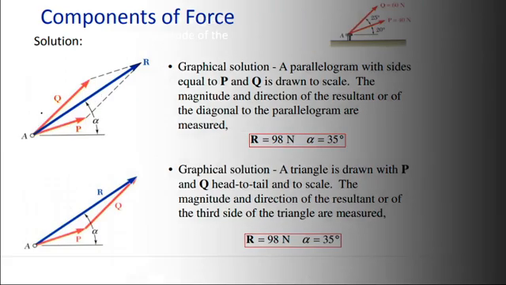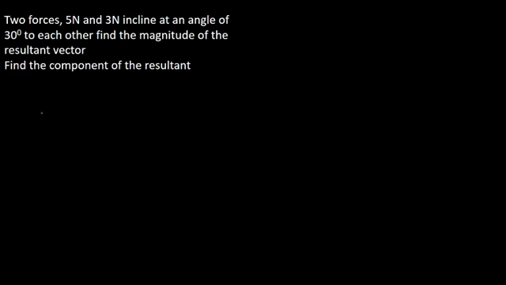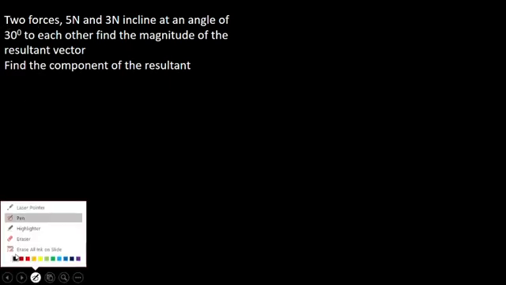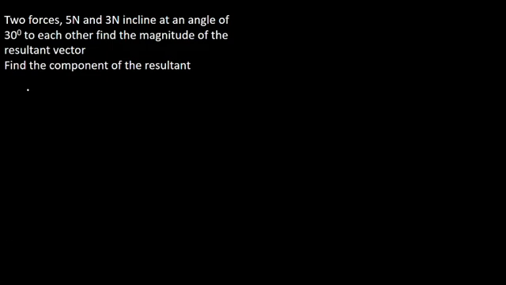So let's move on. This is another example, but you are going to do this by yourself. I'm not going to help you to do it. I will just explain. Two forces, 5 Newton and 3 Newton, inclined at an angle of 30 degrees to each other.